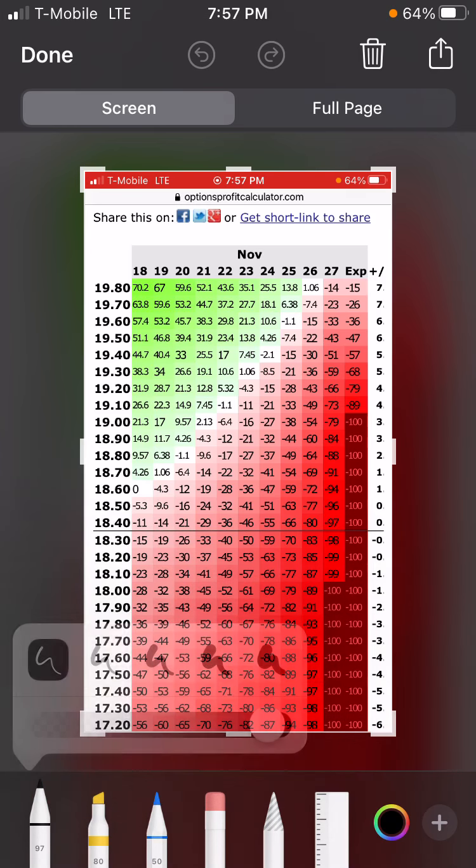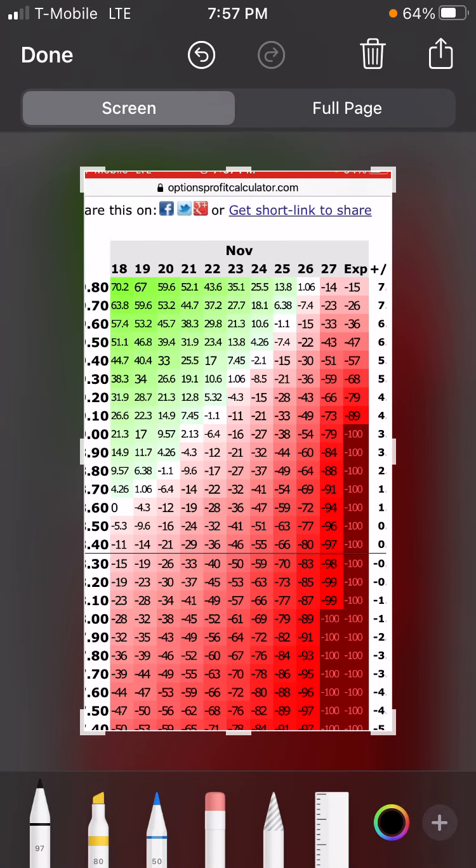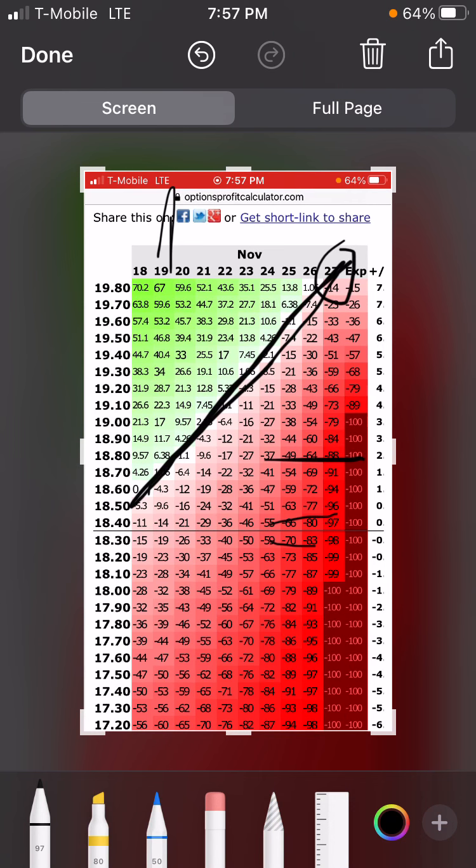And so if you zoom in, we're going on the 27th, so that's when it expires. All this right here in white is your break even on those days. So we're going to look at tomorrow, the 19th.